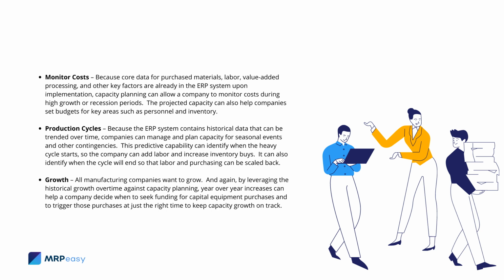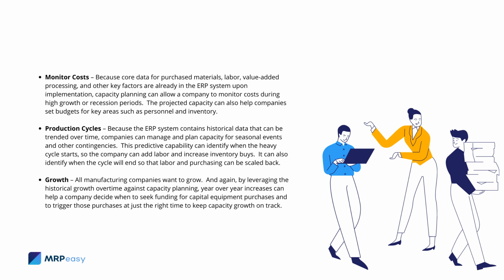Production cycles. Because the ERP system contains historical data that can be trended over time, companies can manage and plan capacity for seasonal events and other contingencies. This predictive capability can identify when the heavy cycle starts, so the company can add labor and increase inventory buys. It can also identify when the cycle will end, so that labor and purchasing can be scaled back.